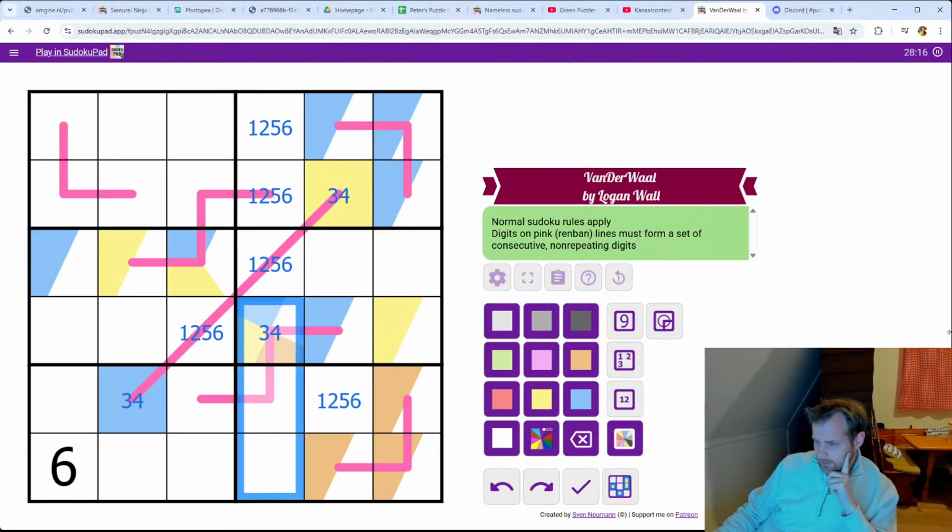Okay, I don't get it. So if this is yellow, this is blue. But if this is blue, then this is yellow and one of these.